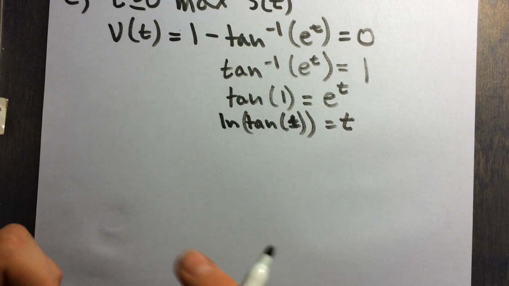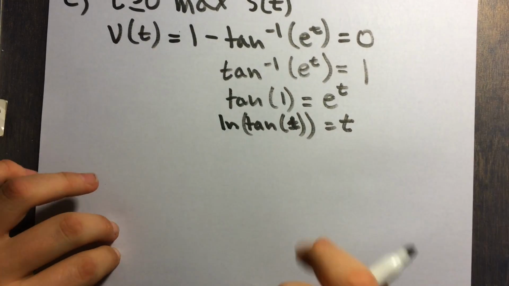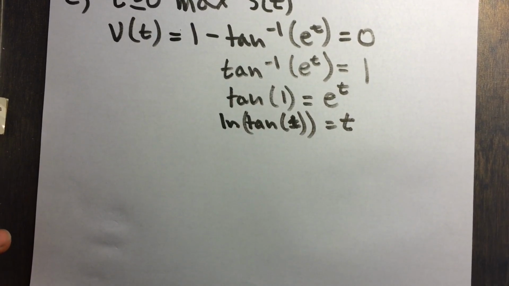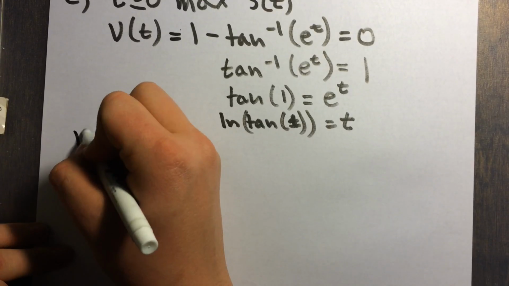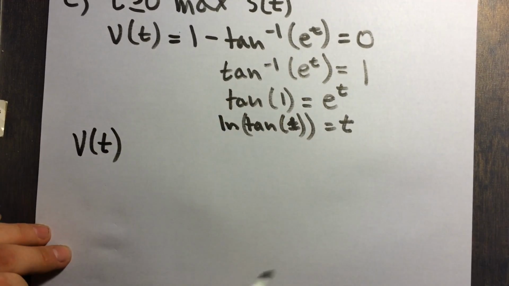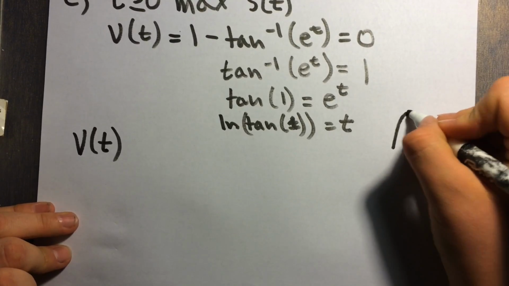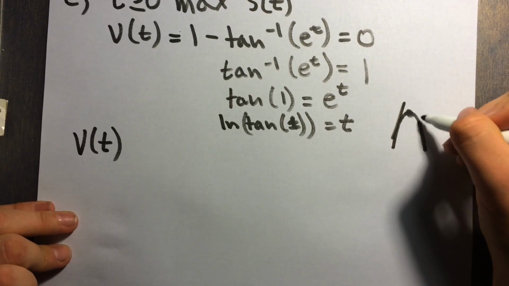Now we must prove that this, being the only critical value of v of t, is an absolute maximum. A value is an absolute maximum if and only if it goes from increasing to decreasing, so the slopes go from positive to negative.